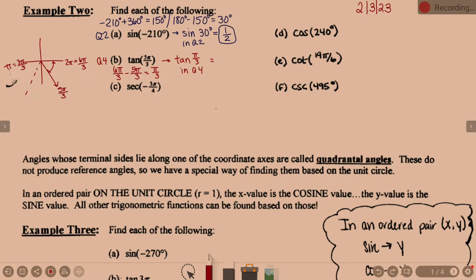So negative square root of 3. According to my chart, which I left up there, it's the square root of 3, and we said it's in the calculus quadrant, so it's negative. Does that help?